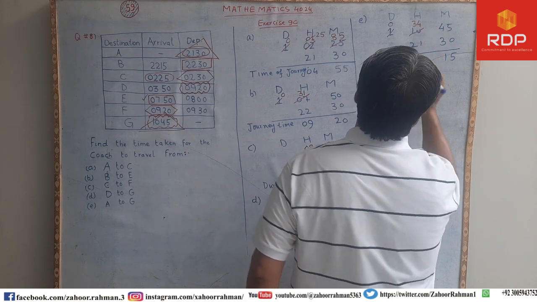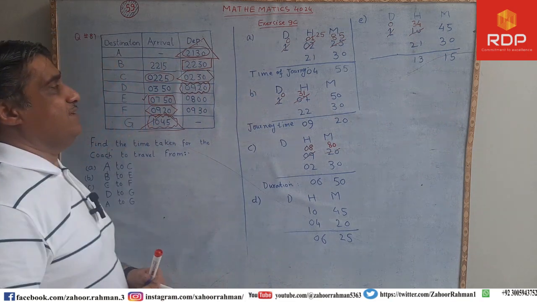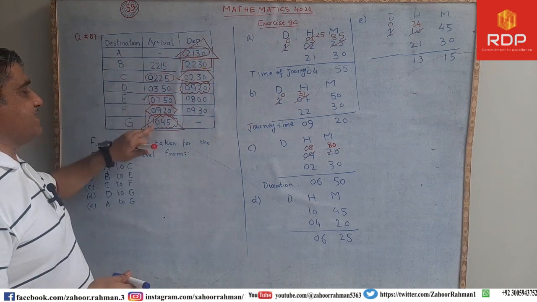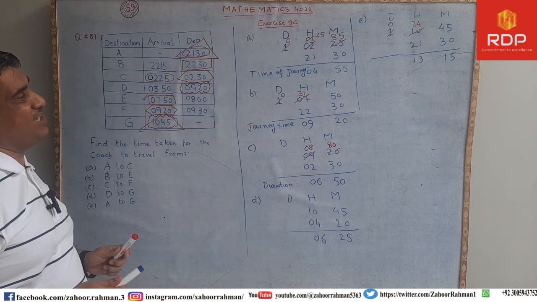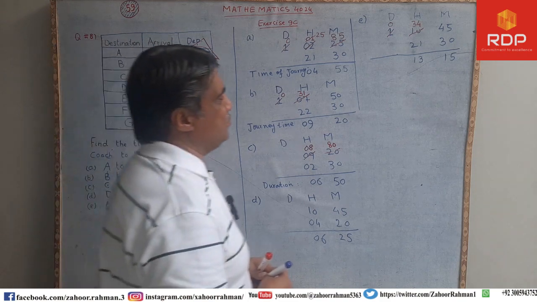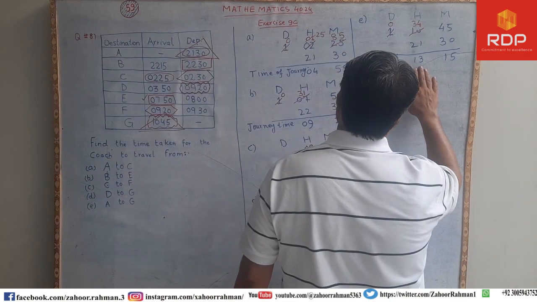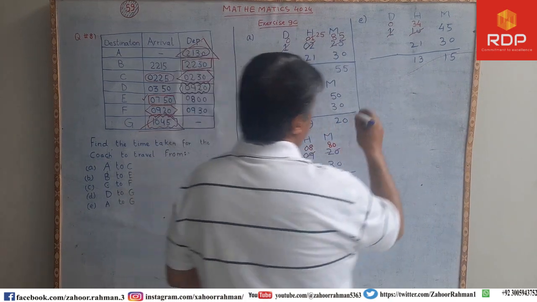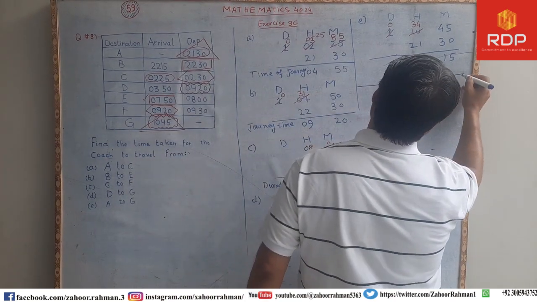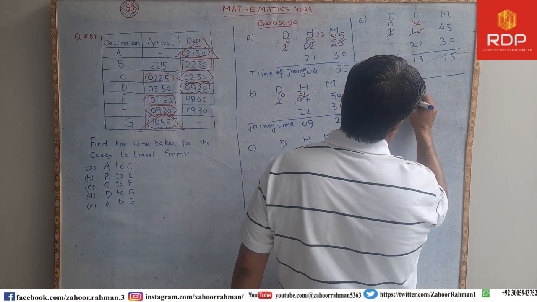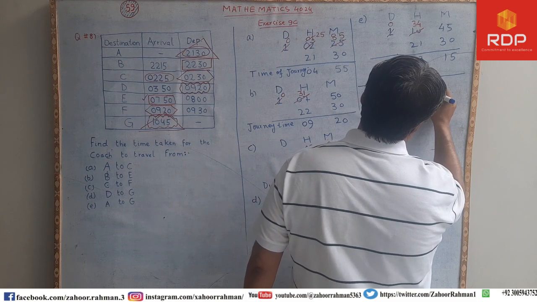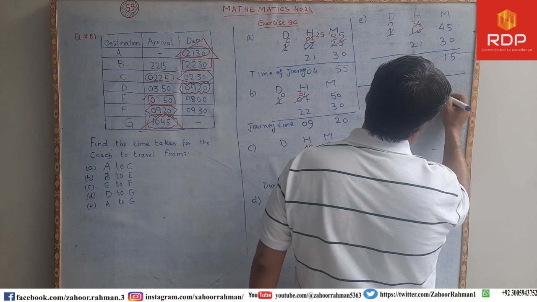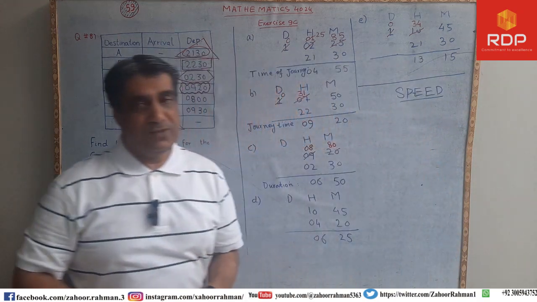So it means that from the first to the last destination, we are having to cover that distance in 13 hours 15 minutes. Ladies and gentlemen, now I am giving you the basic concept of speed.